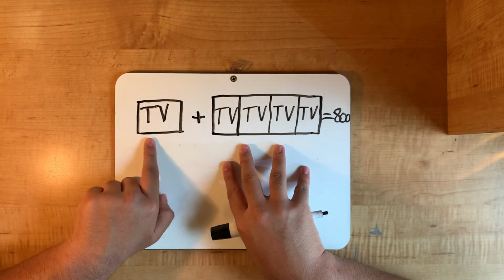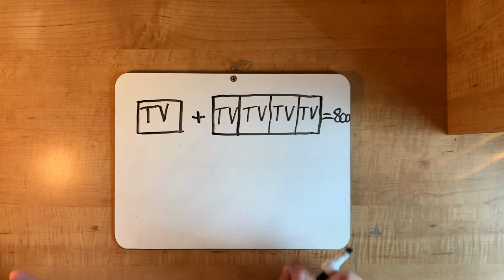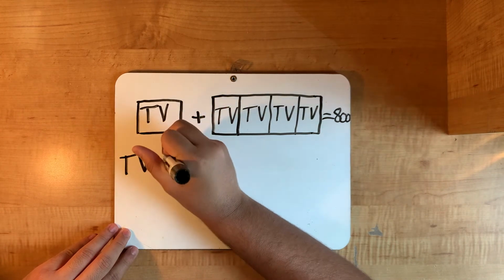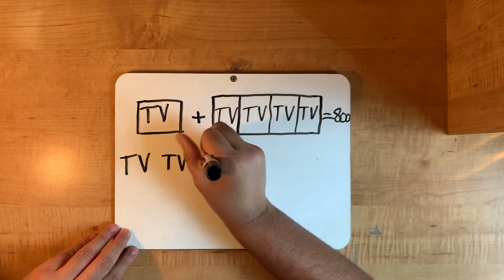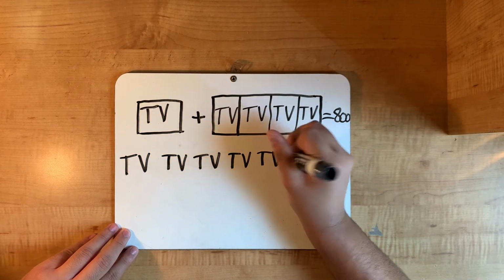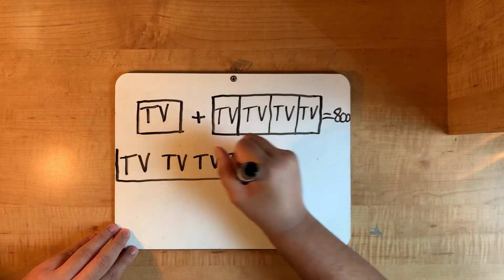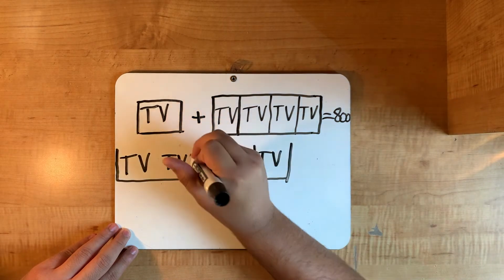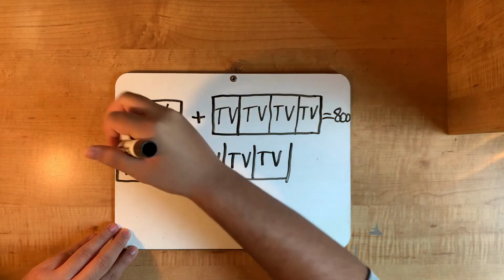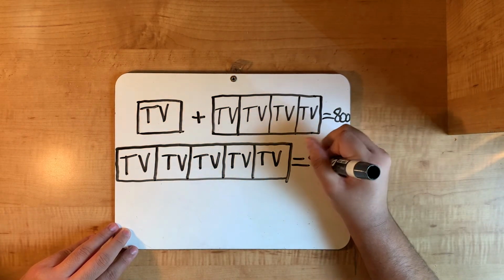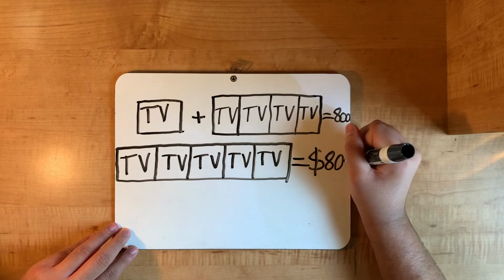If we have 1 TV plus 4 TVs, how many total TVs do we have? We have 5 TVs. So 1 TV, 2, 3, 4, 5. Alright, 5 TVs equals $800.